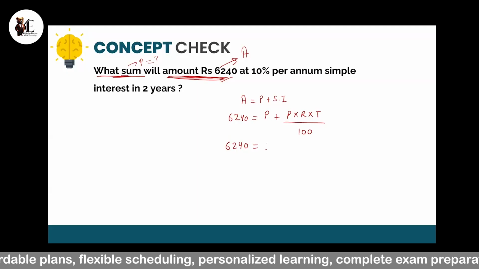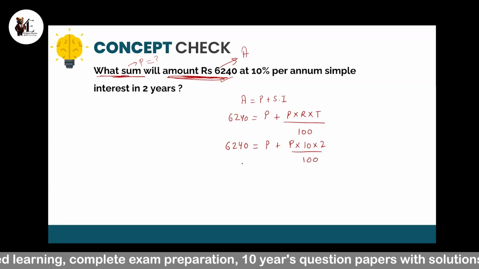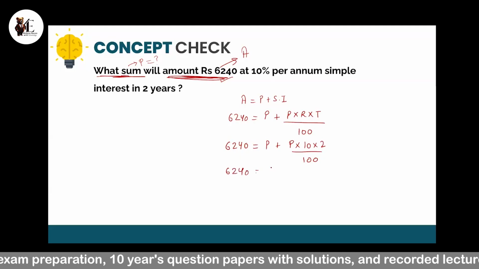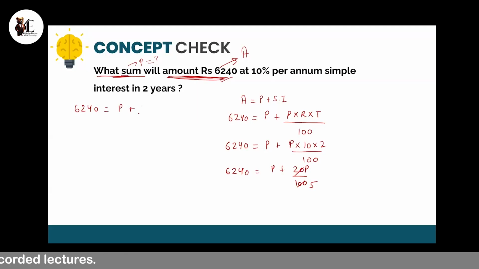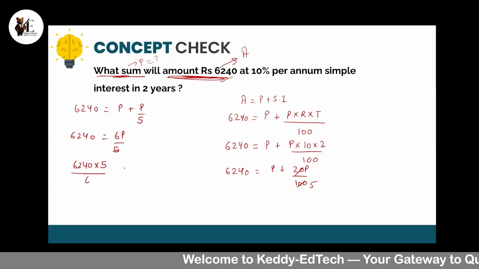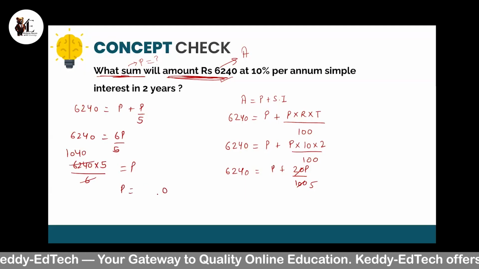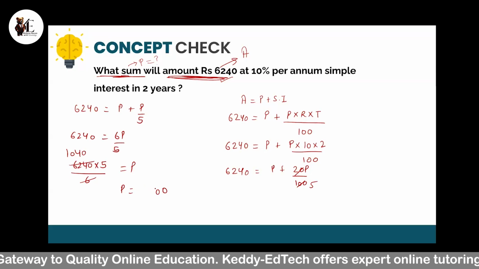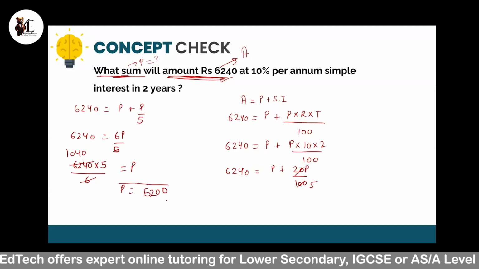Since you have to find the value of P, P will remain as it is, and substitute the values like 10 into 2 over 100. So that will be the value of principal.